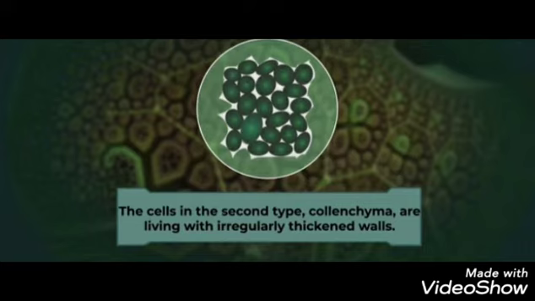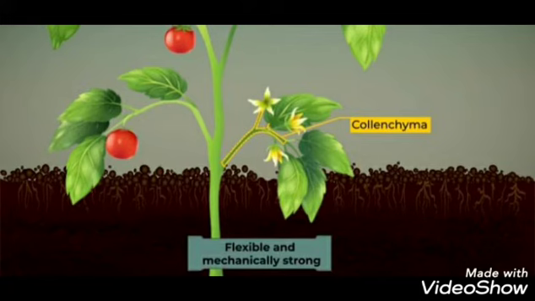Now moving further, let us study about the second type of the simple permanent tissue, which is collenchyma. Children, these tissues are also made up of living cells. Now these tissues are mainly responsible for two things: flexibility and mechanical support.